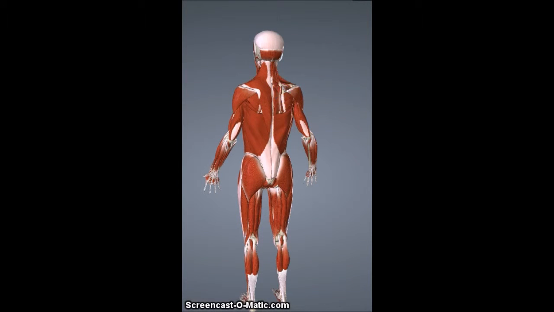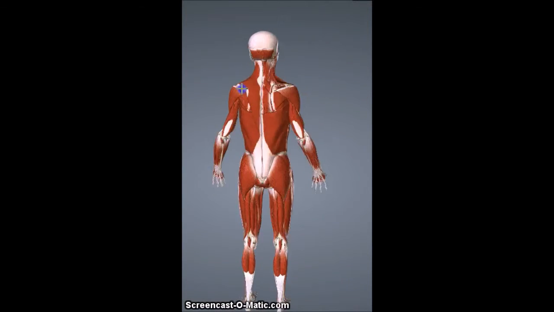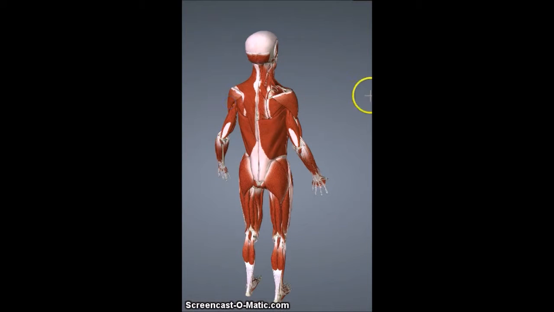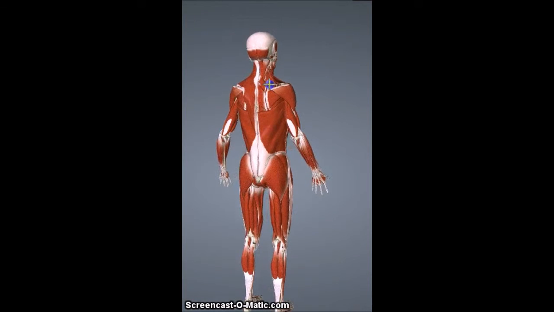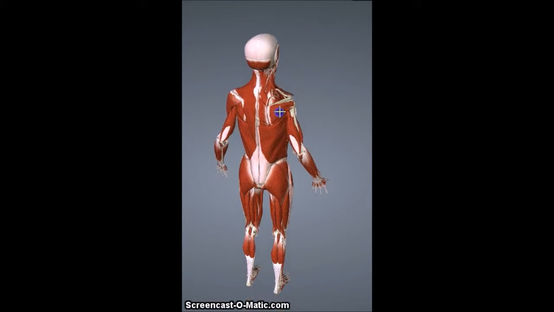I took the trapezius off on the right side so that we can see what's underneath, and we can see the rotator cuff muscles. And to see them better, I'm going to remove the deltoid muscle. There we go. Now, see this little white bar here? That's the spine of the scapula. Below it is the infraspinatus muscle. That's one of the rotator cuffs.